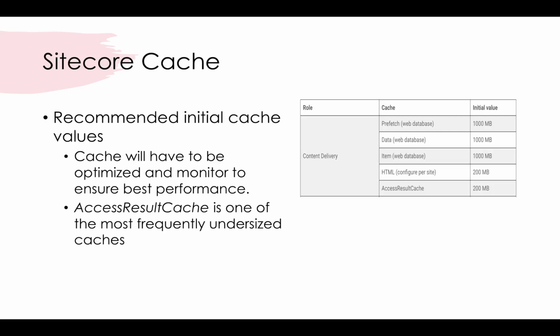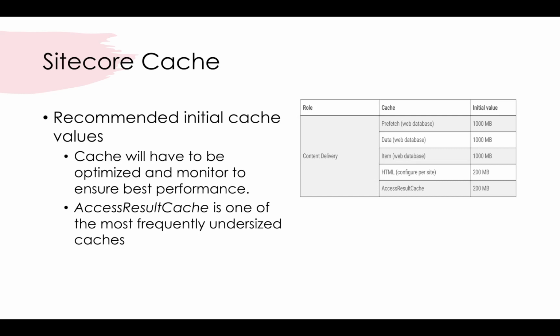Sitecore Cache, this is a pretty standard recommendation. You always need to make sure your Sitecore Cache is properly configured. By default, Sitecore Cache is relatively undersized, and it's not adequate for pretty much any site of any size.